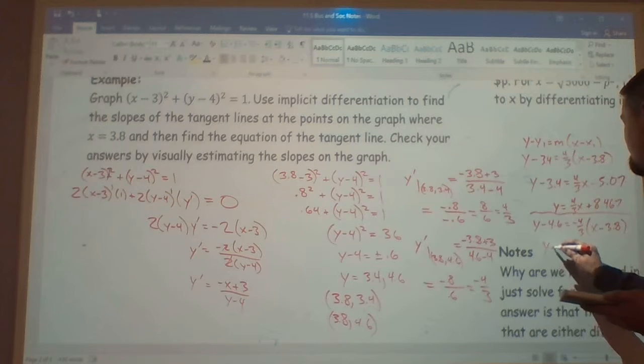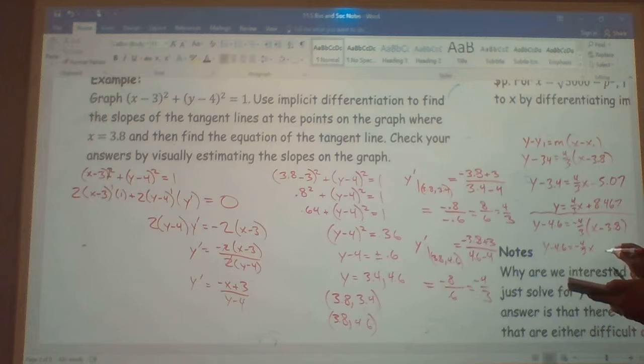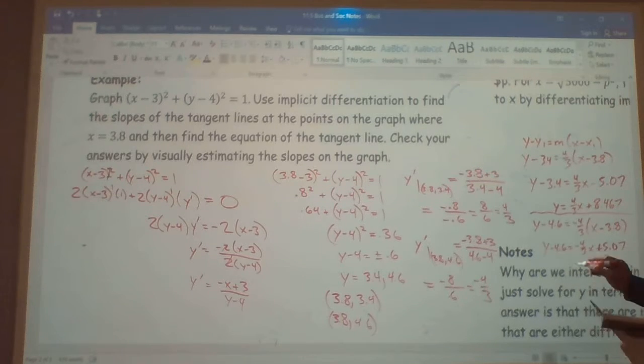Distribute, and then negative 4/3 times negative 3.8, 5.06 again, positive, round to 7, and then add 4.6, 9.67. Okay.